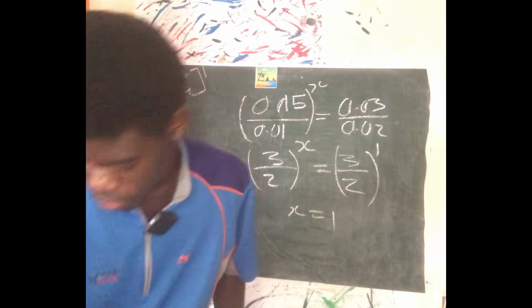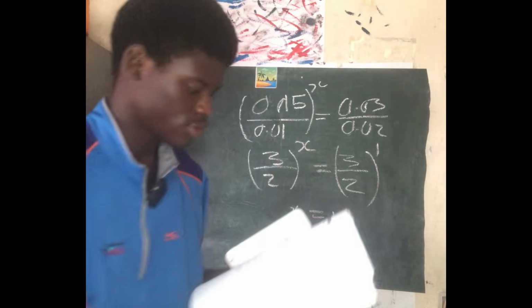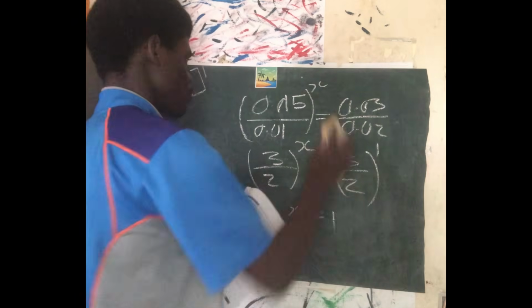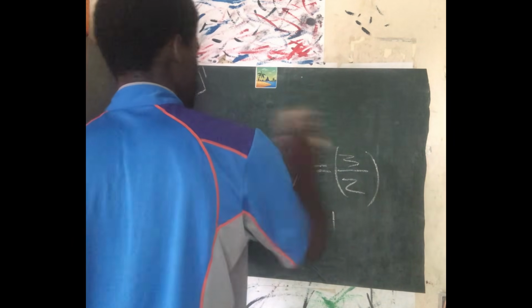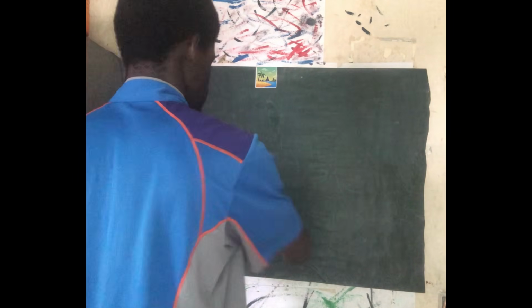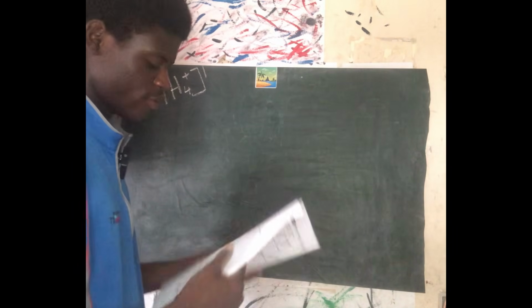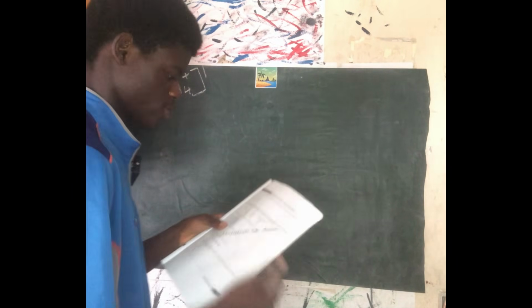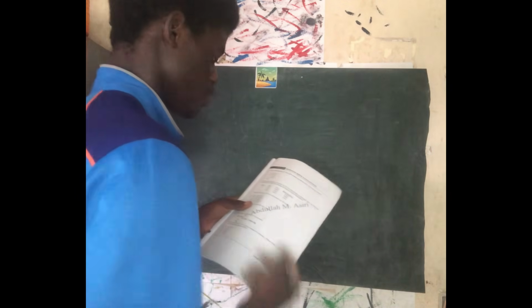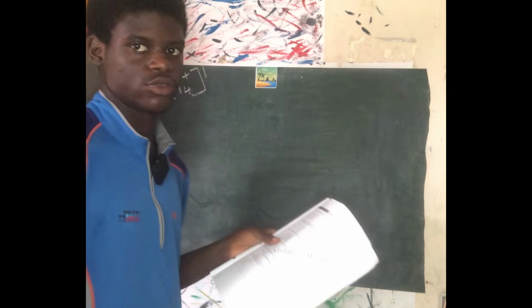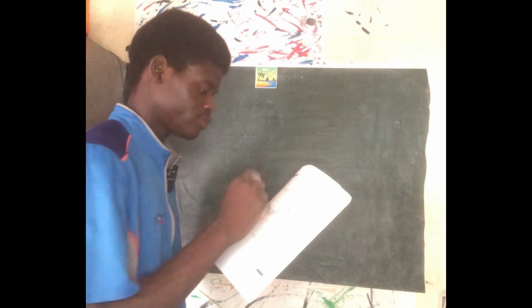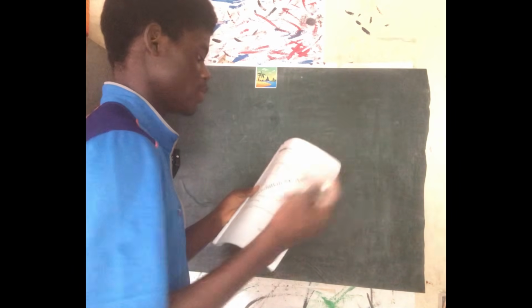So let's look for the order of reaction for the second one, NO2 minus. Nothing is changing in NH4 plus, so let's just use any values for NO2 minus. As I've told you, you've done a question like this before. So let's just use experiment 2 and 3.